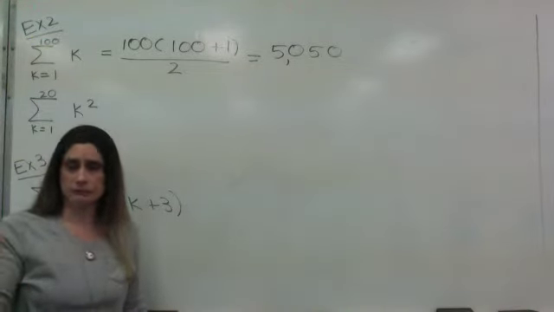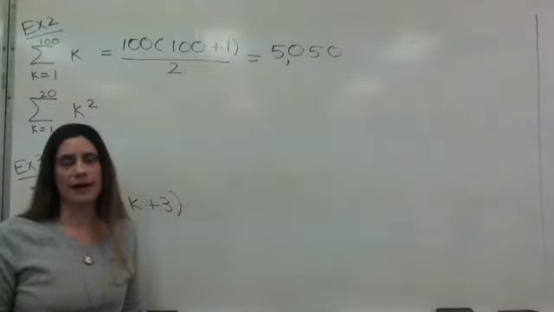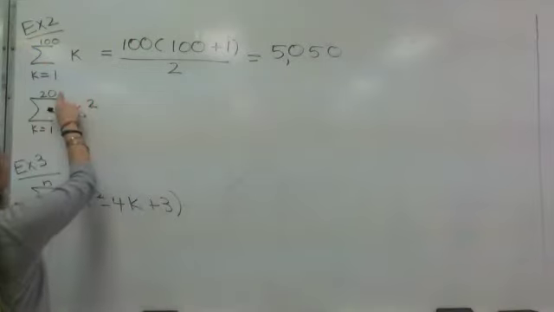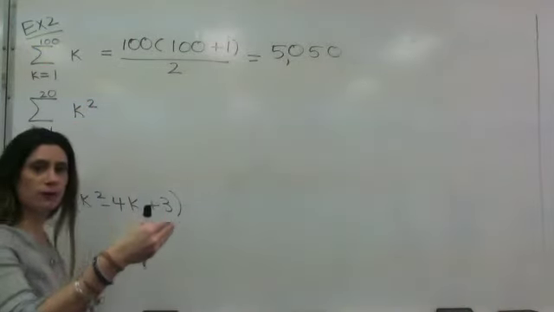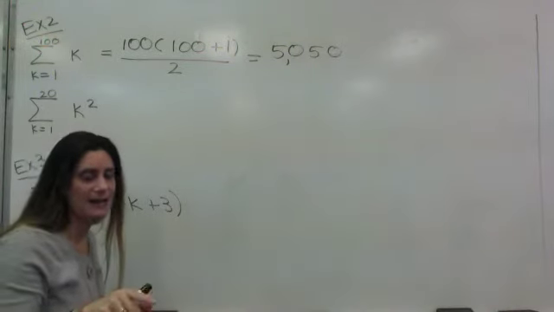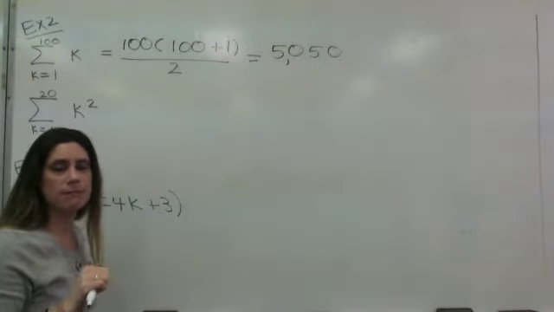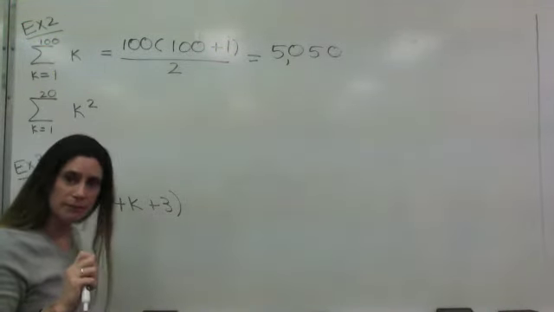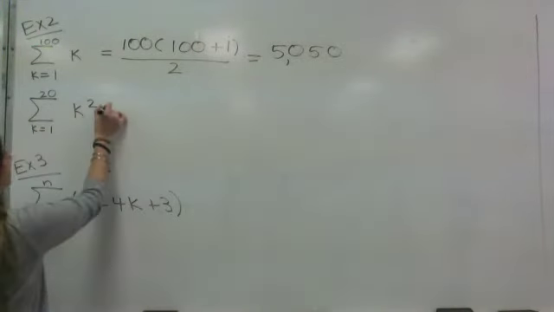You could type all these into your calculator and add, or plug the 20 into the formula on the previous page of your notes for the k squared formula, plug that in for n. And that formula is n times n plus 1 times 2n plus 1 over 6.